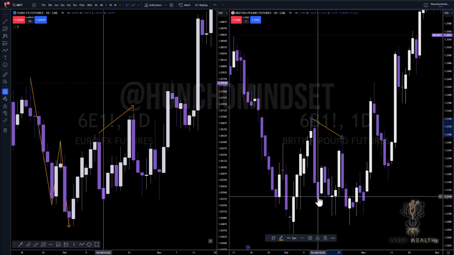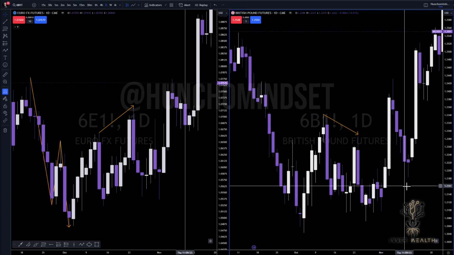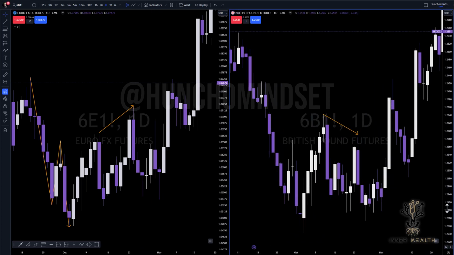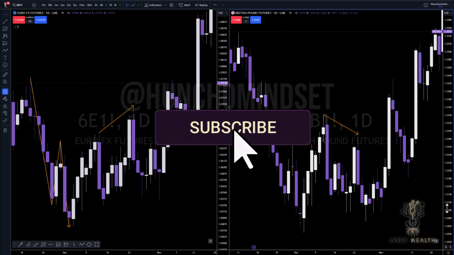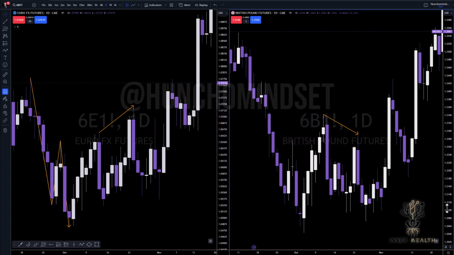Now this is the key, guys. This is the type of difference you want to spot in the market. I'm showing you how to identify, categorize and understand correlation. Remember, the discrepancies between correlating assets are called divergence.